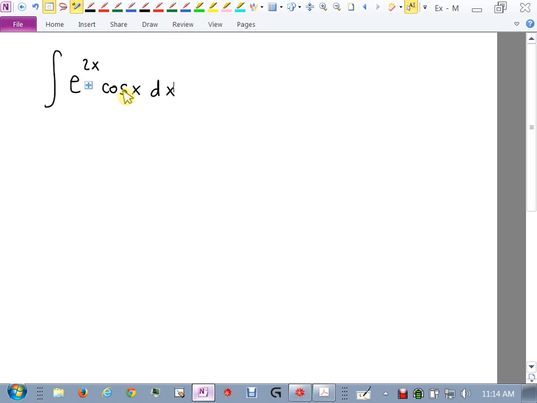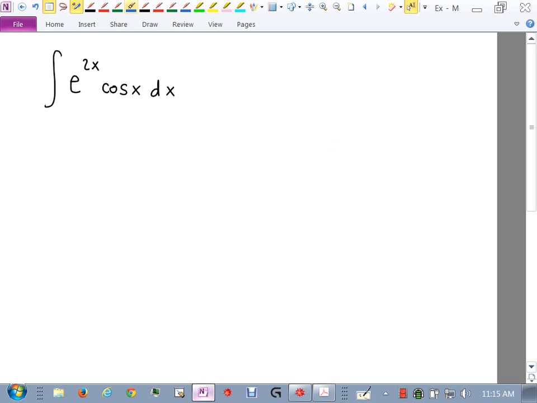So you'd still have e to the 2x in there, you still have a sine. So if I do integration by parts again, they're still going to be there, right? This one's still going to keep on circulating back and forth between sine and cosine, and the derivative of e to the x is still going to be e to the x. So it might appear that you're not going to get anywhere with this, right? But you can. And so let's just work it through and see what happens, all right?